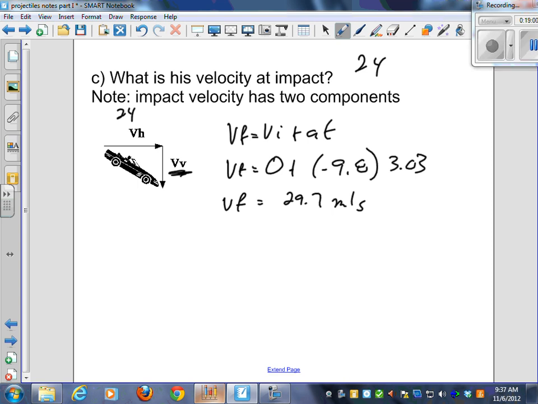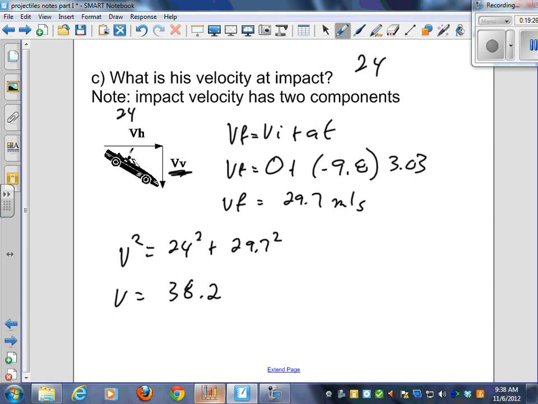And to find the impact velocity, I'm going to go v squared is going to be my 24 squared plus 29.7 squared. I get an answer of 38.2. Do I need an angle?